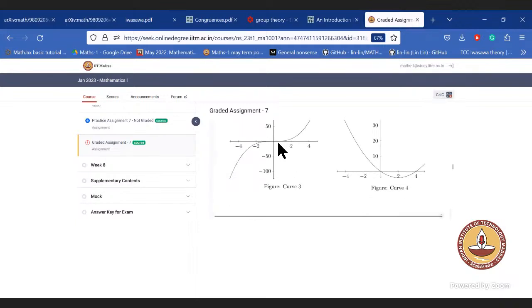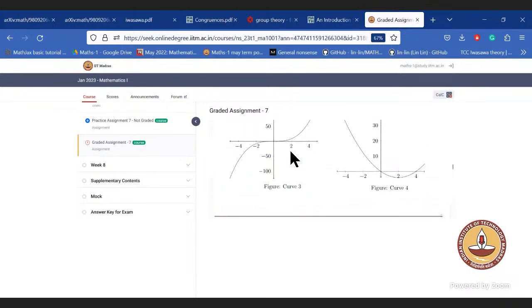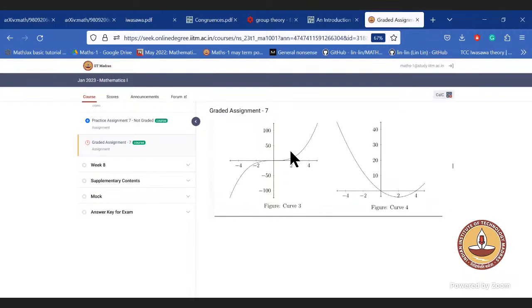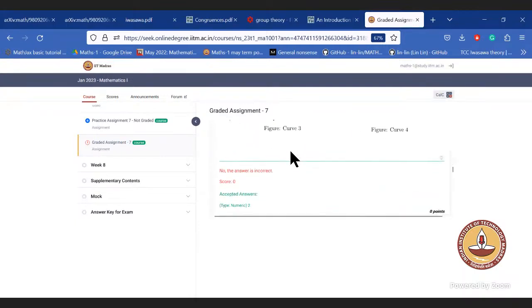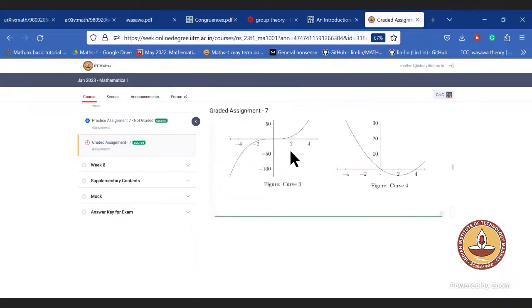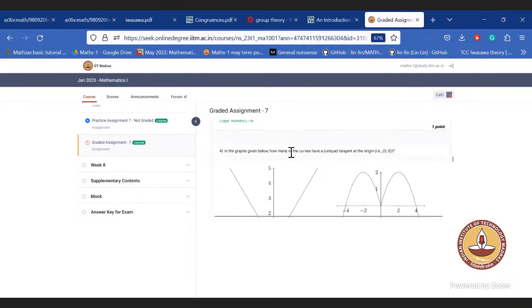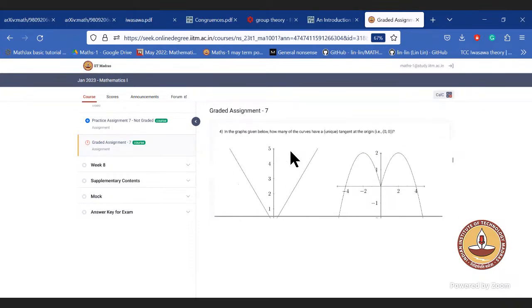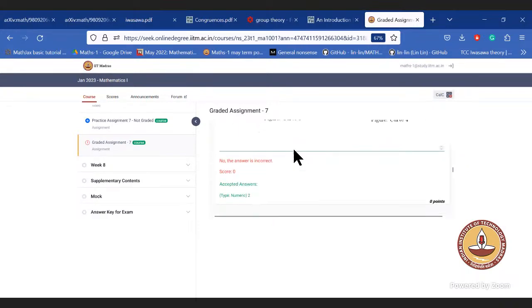Sir, why is it given as 0 points also? I didn't understand that. Is there a mistake in the question? Can you repeat? It's given as 0 points, it's not graded. I think she is referring to the score given to that question.